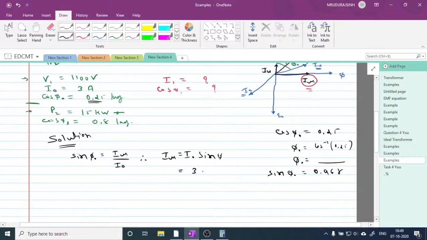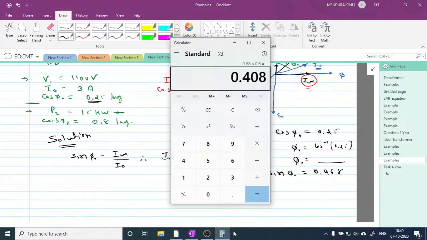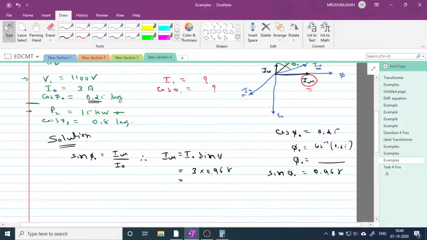So we will get I mu as 0.968 multiplied by 3, which gives us 2.904, right? So we get I mu as 2.904 ampere. So this is our I mu. Good.